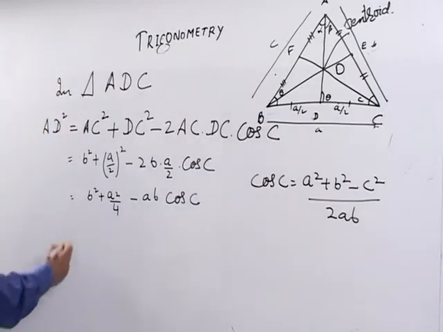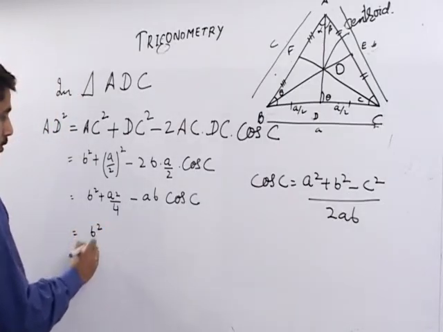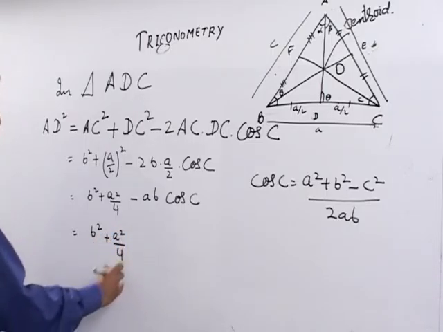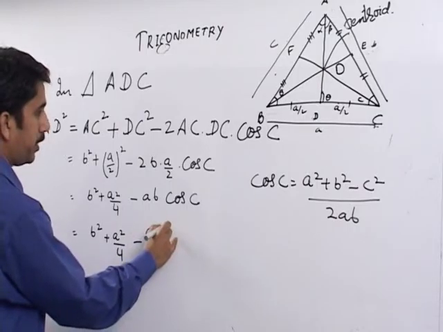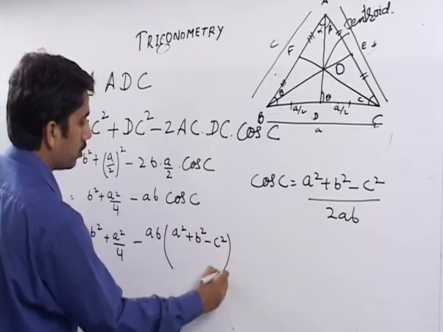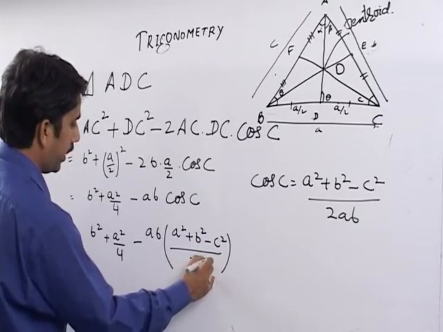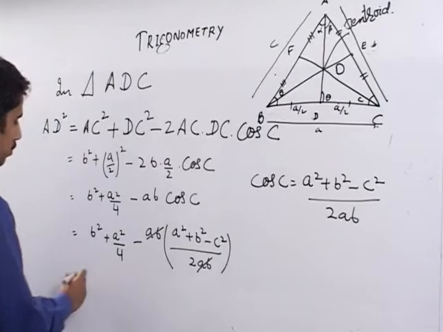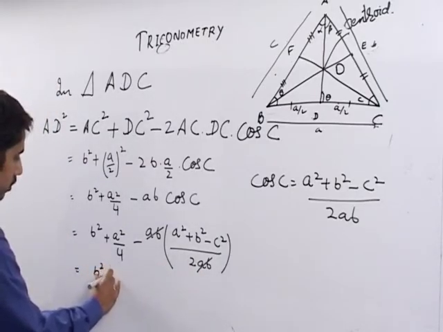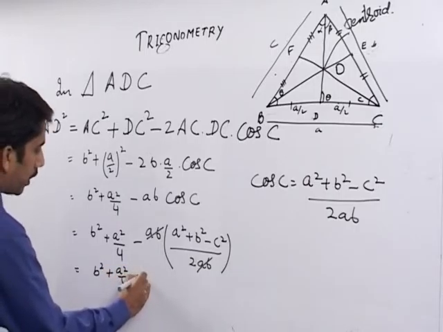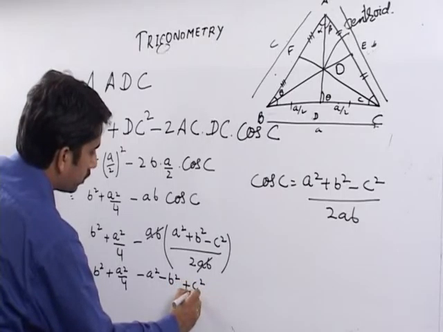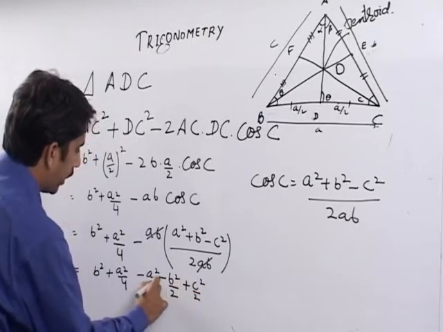So you will get B square plus A square by 4 minus AB into A square plus B square minus C square over 2AB. Now this AB will cancel out and solve this. This will be A square by 4 minus A square minus B square plus C square, this is by 2 and by 2.